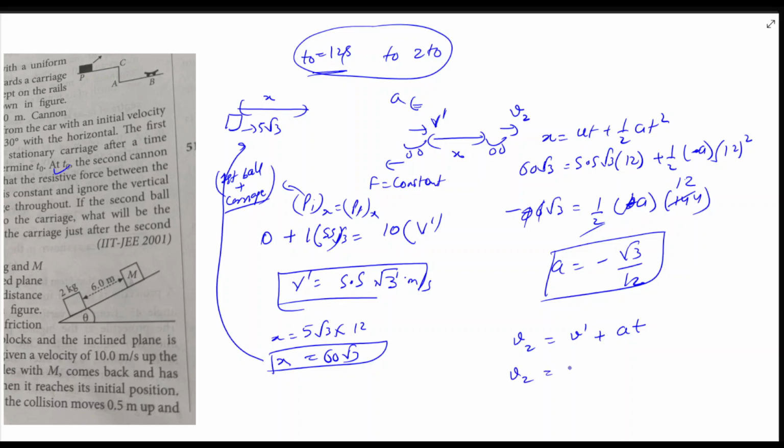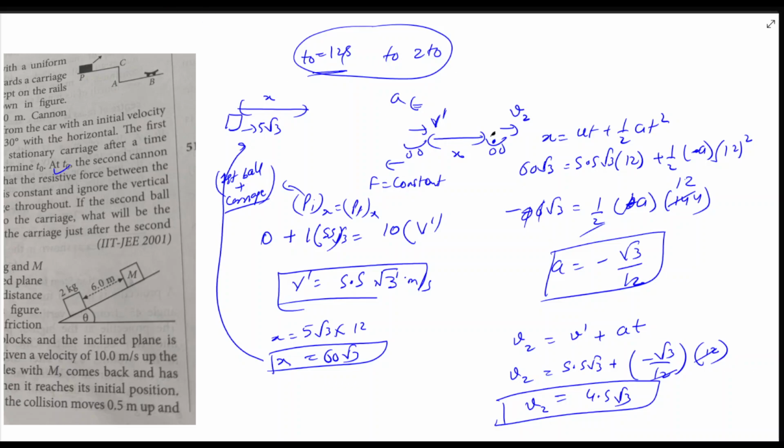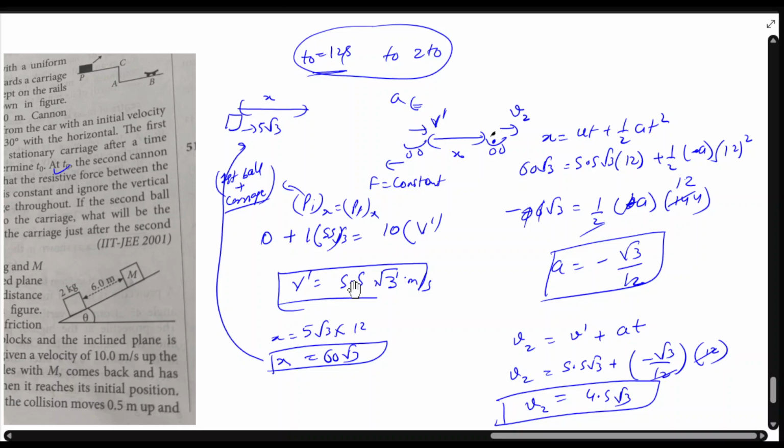So v2 will be 5.5 root 3 plus minus root 3 by 12 into 12, right? This will get cancelled, so we'll get 4.5 root 3. So this will be the final velocity of this carriage when one ball was here and the other ball was just about to hit.